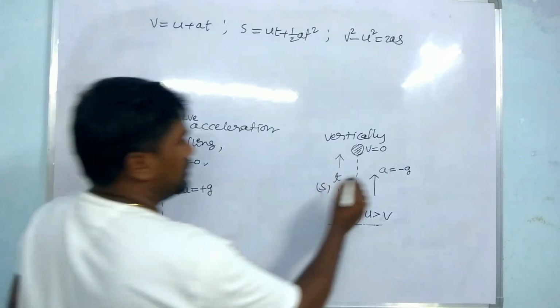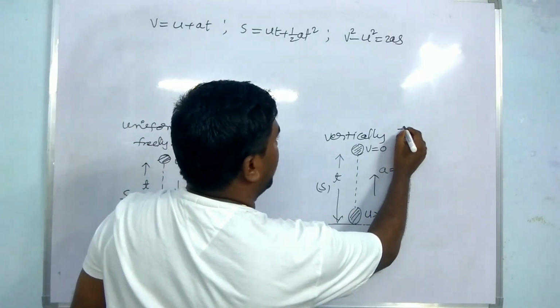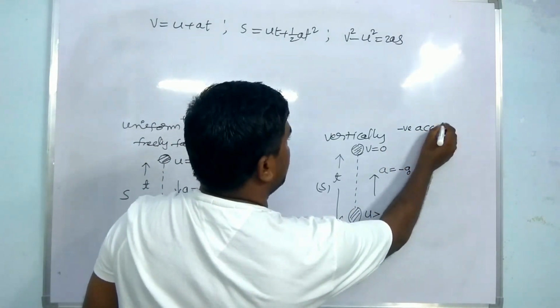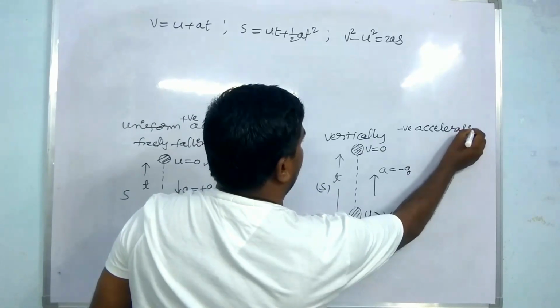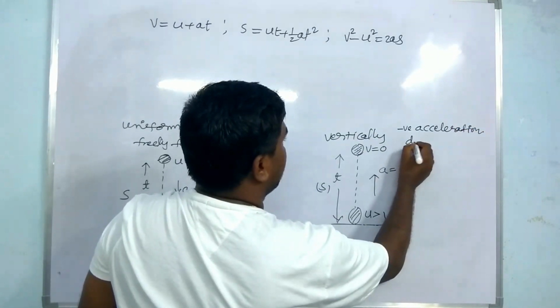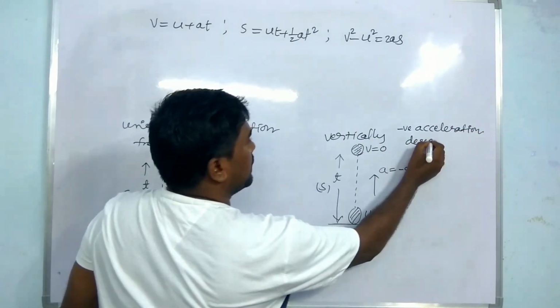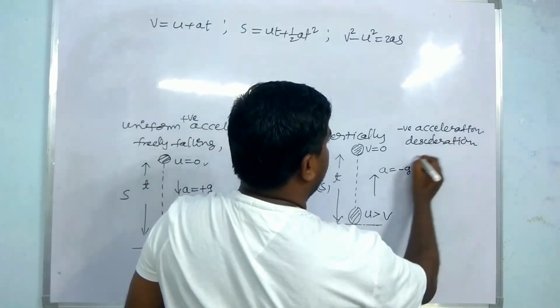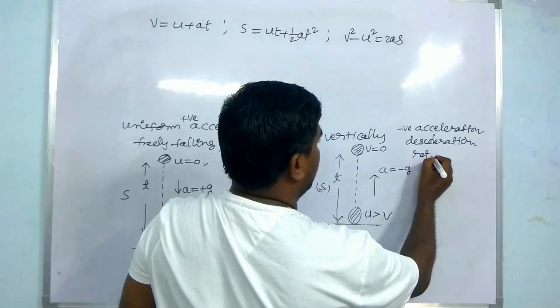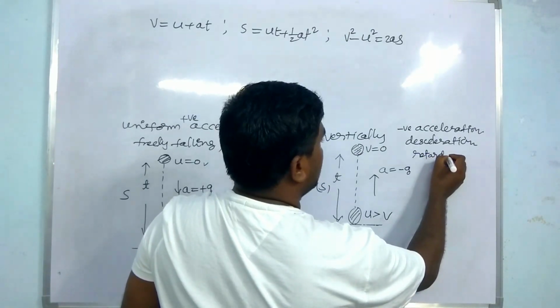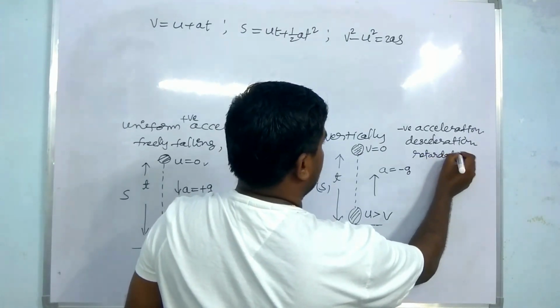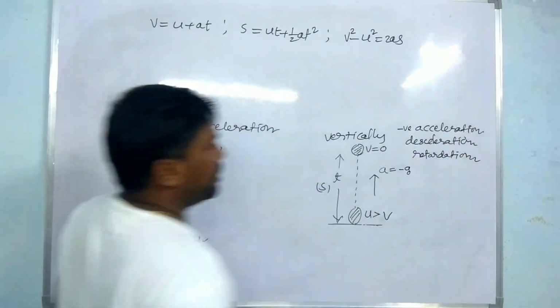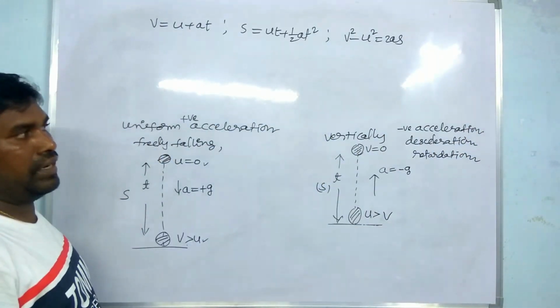In these two cases, this is negative acceleration or deceleration, which we can also call retardation. In our first video, I talked about retardation. So these are the terms for negative acceleration: deceleration or retardation.